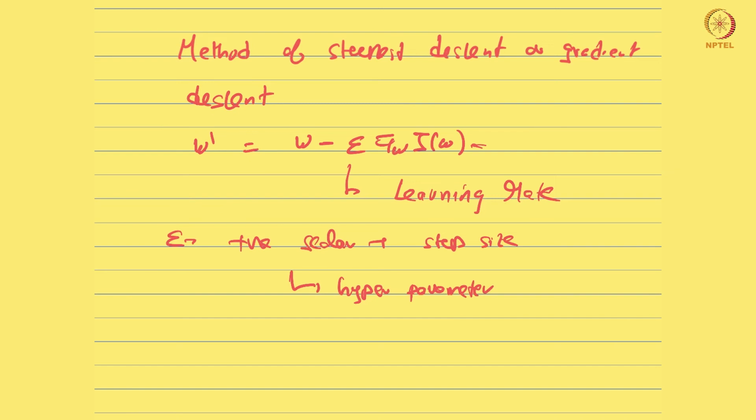Remember that w prime is w minus epsilon times the gradient of J. This is one step. The second step uses the new w, and you continue doing this iteratively, and you stop once w does not change appreciably, or by a large amount. So you have to fix that threshold also.